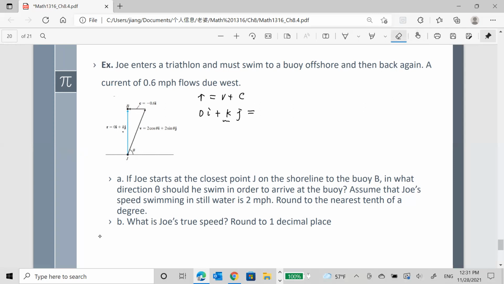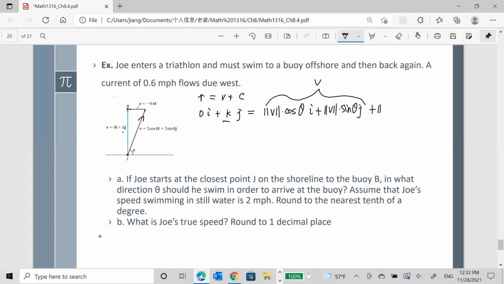We have learned V is going in this direction. So V equals the magnitude of V times cosine theta I plus the magnitude of V times sine theta J.